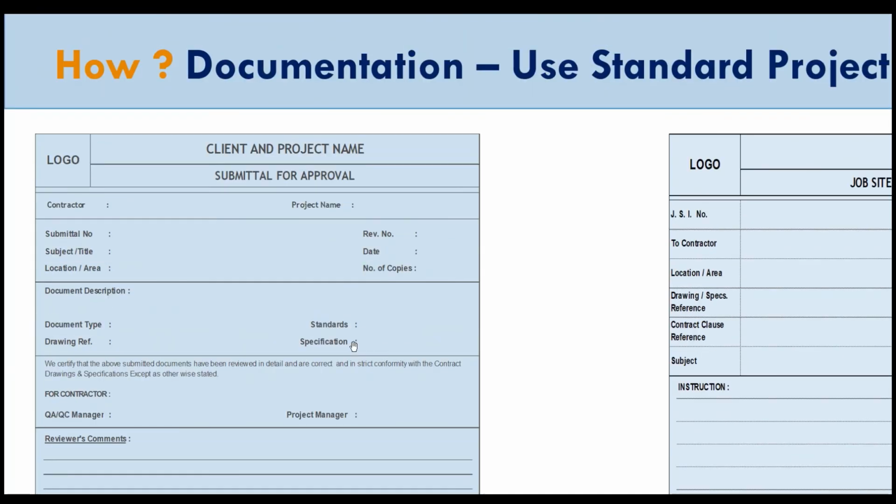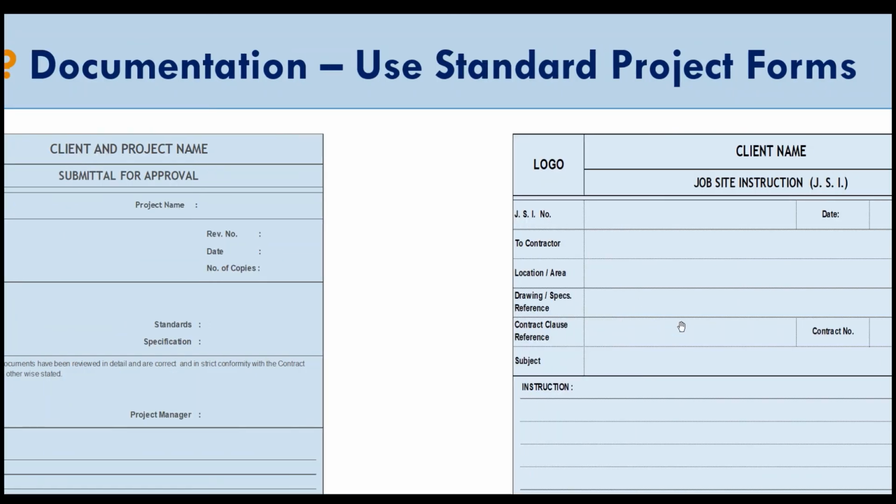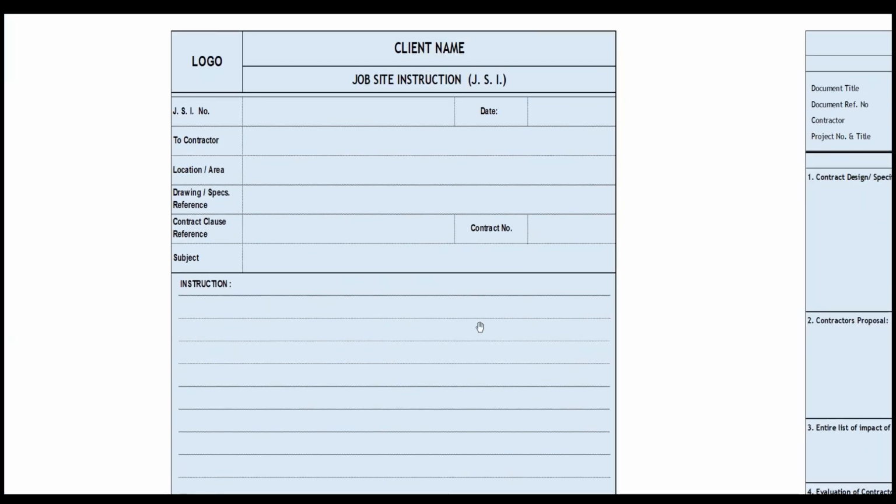The DC then sends it to the relevant reviewer, and the reviewer gives their comments with their approval status, whether it is approved as noted, revised, resubmit, or rejected. So every process on the construction project has a relevant form for the information to get captured. The entire transactional cycle is captured.